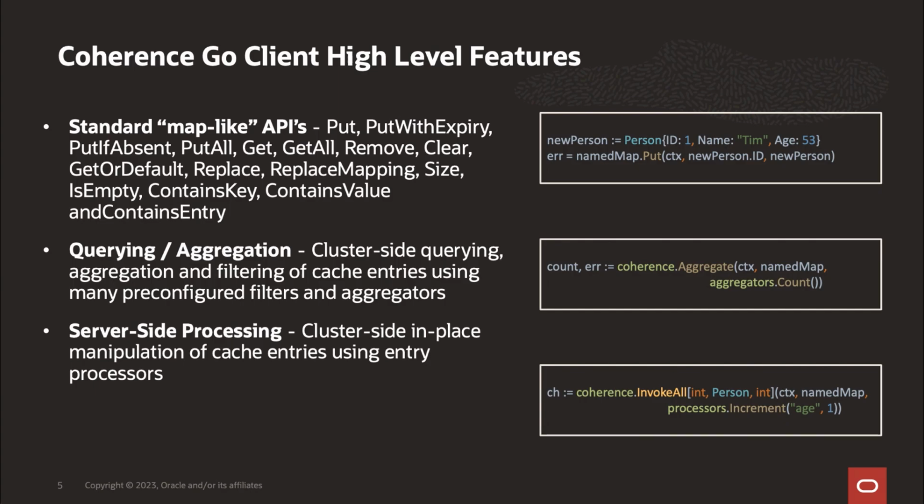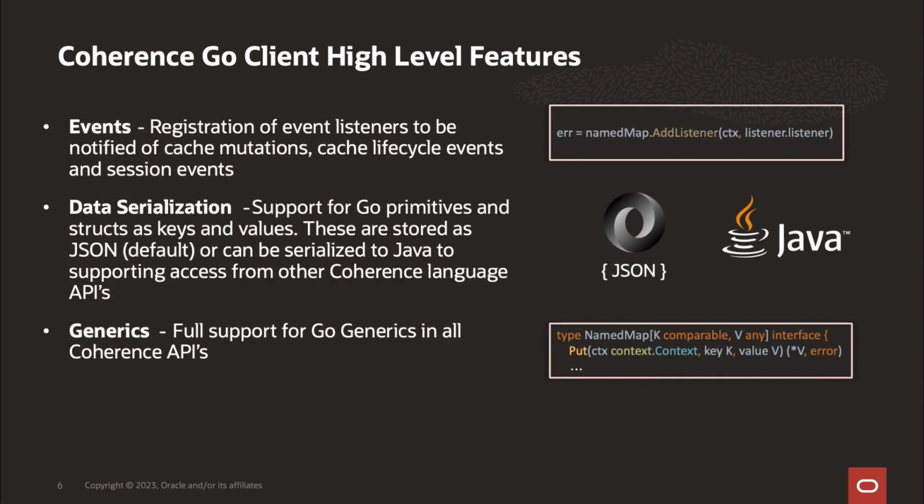It provides the standard map-like APIs that you'll be familiar with, as well as cluster-side querying, aggregations, filtering of cache entries using many pre-configured filters and aggregators. It allows you to perform cluster-side in-place manipulation of cache entries using entry processes. You can register events to be notified of cache mutations such as insert, update, delete, and cache lifecycle events, as well as session events.